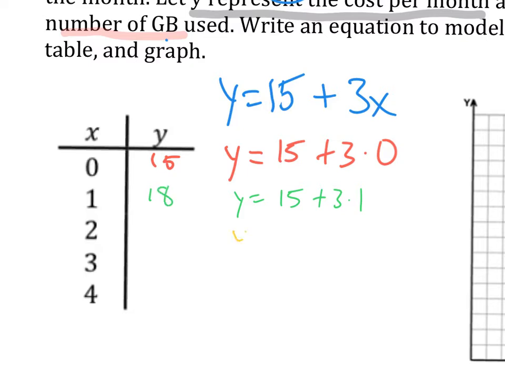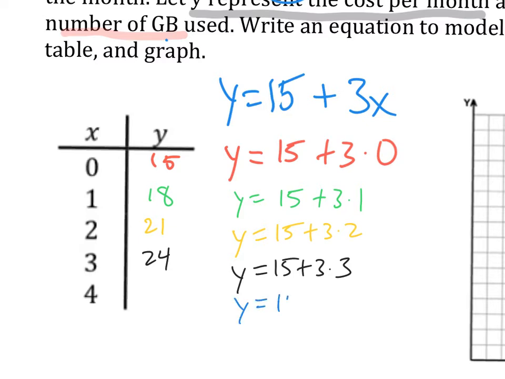For 2, y equals 15 plus 3 times 2, so 15 plus 6, which gives us 21. Then y equals 15 plus 3 times 3, 15 plus 9 is 24. And finally, y equals 15 plus 3 times 4. 3 times 4 is 12, and 15 plus 12 is 27.